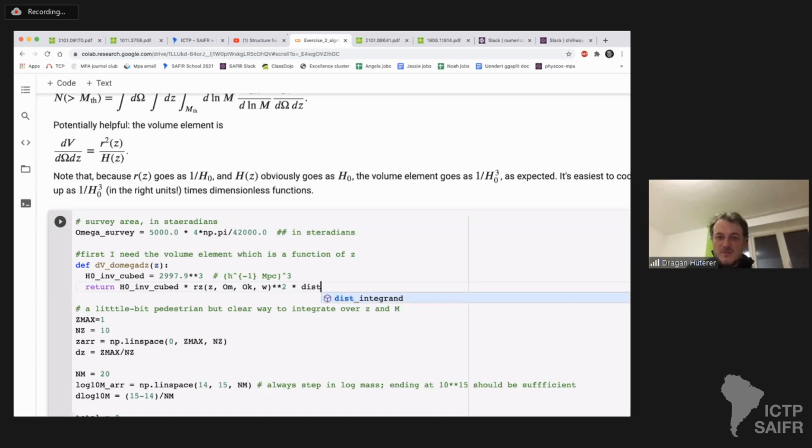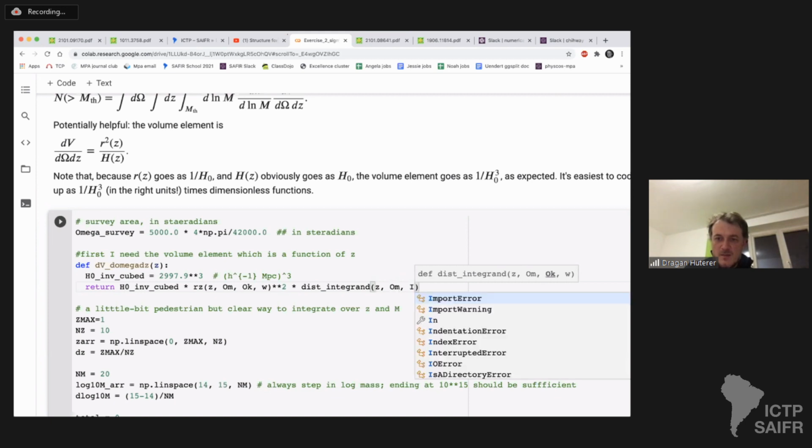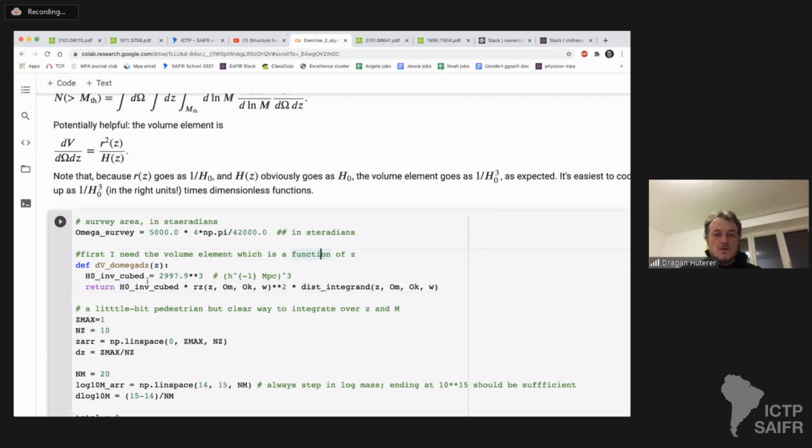But that we defined above, that distance, this integrand that depended on z, omega matter, omega k. Remember this integrand? That was 1 over the square root of that stuff, right? So it's r squared divided by H without H naught, and then H naught I took care of. And the most important thing is I got the units right.